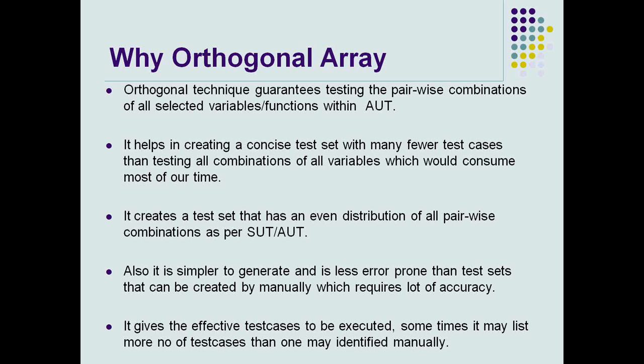So orthogonal array helps us in creating concise test sets with very few test cases, rather than testing all the combinations of all the variables, which would consume most of your time. Normally, when we have combination testing, at times this task is performed manually in order to form the pairs and then perform the test.